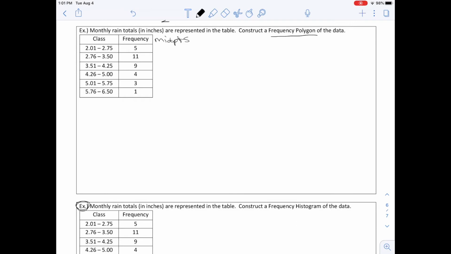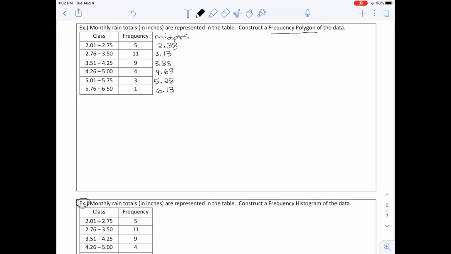So what we need to do is calculate the midpoint. You're going to take 2.01, add together 2.75, and then divide by 2. For the first midpoint, you should get 2.38. And go ahead and do that for the rest of your class limits.